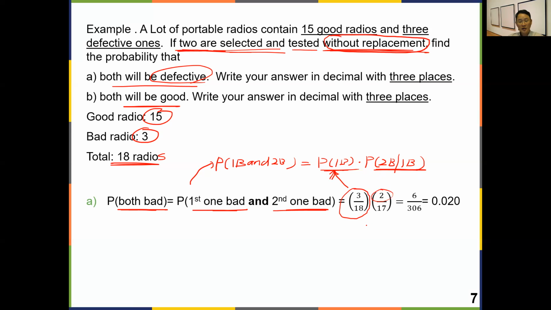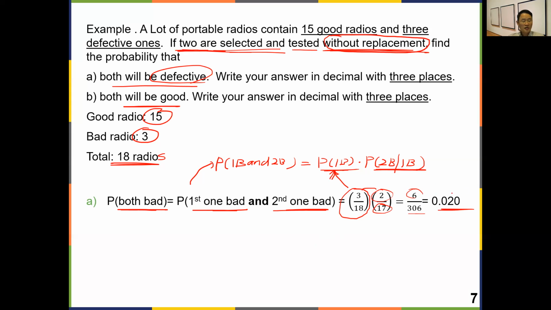Out of total, how many? Do you still have 18? No, because you hold on to the first one. Now you have 17 altogether. So you multiply these 2 on top, which is 6. You multiply 18 times 17, you get 306. 6 divided by 306, then you get this, right?